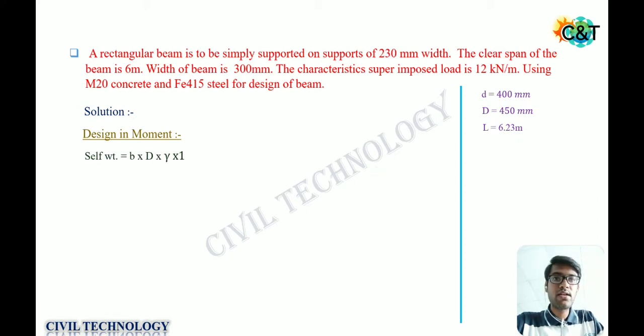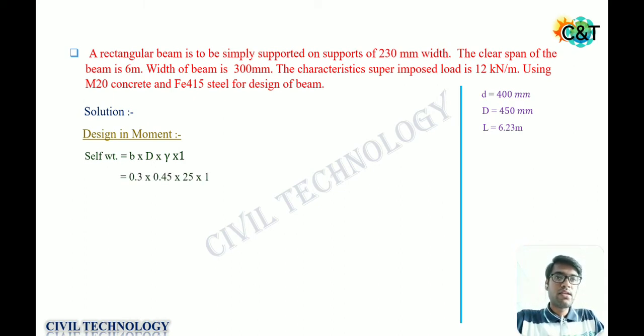The self weight formula is width of beam multiplied by overall depth of beam multiplied by density of concrete, per meter length. We calculate all the loads in UDL form, so for that purpose I take a length of 1 meter.